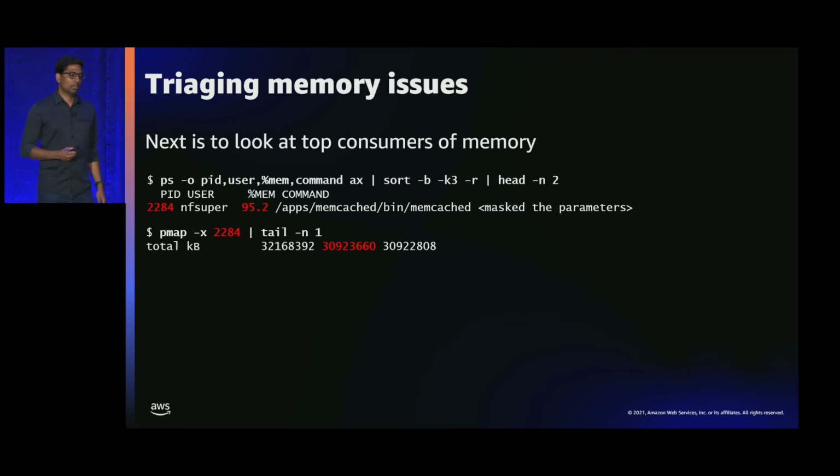We dug a little more into where these memory allocations were happening within Memcached, and we saw a code path where it was allocating memory in an unbounded fashion, just hogging memory like anything. Since then, we worked with the open source Memcached community to come up with a patch, and we were able to fix this issue.